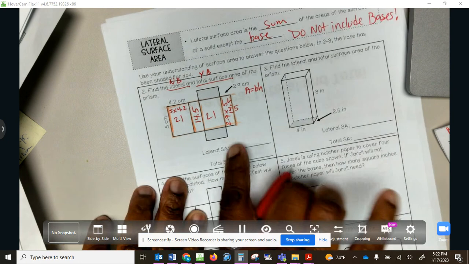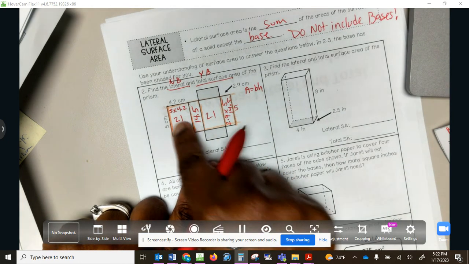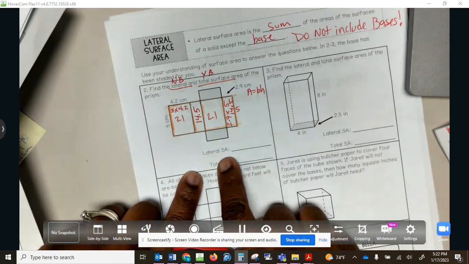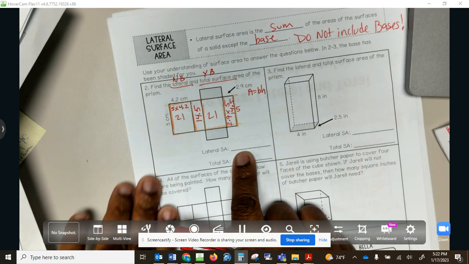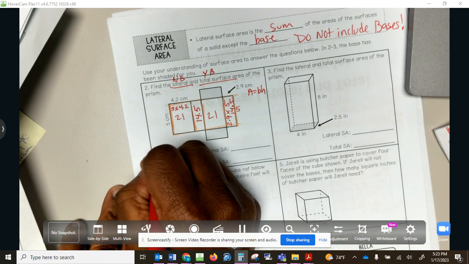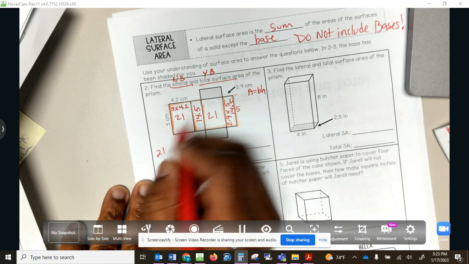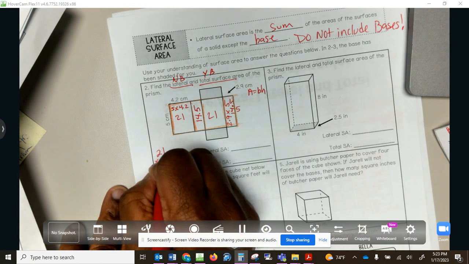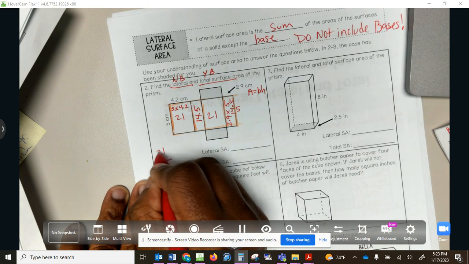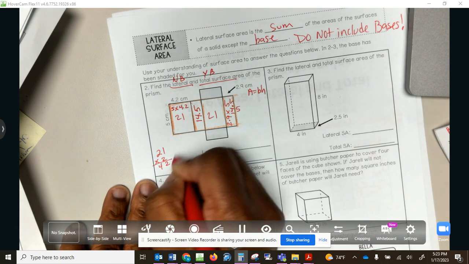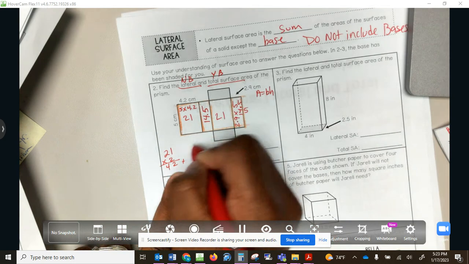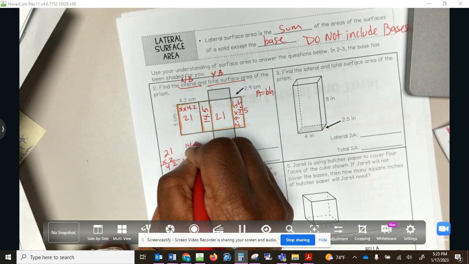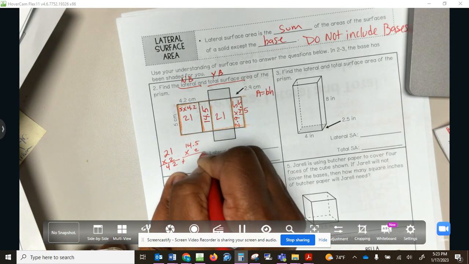Now, for a lateral surface area, I don't need the bases. I can stop here and just write the lateral. So lateral will be 21 times 2 and 14.5 times 2. So I'm just going to do that. That's 42 plus whatever I get here from 14.5 times 2.